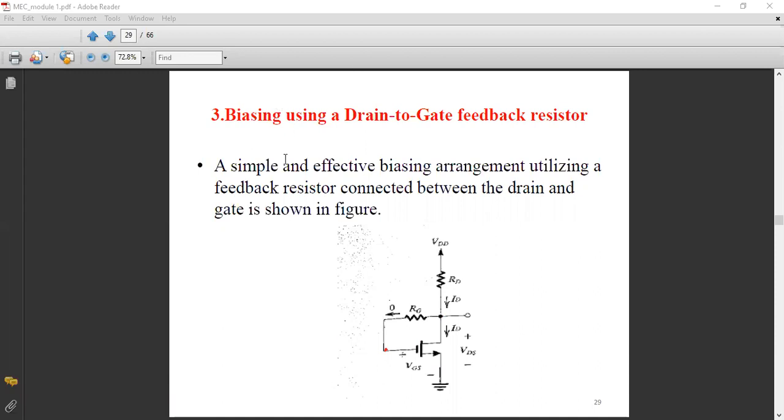Now, this is the most simple and effective biasing arrangement that uses a simple feedback resistor, and we don't require any resistance at the source. Instead of connecting a resistance at the source, we have connected a feedback resistor between the drain and gate, represented by RG.